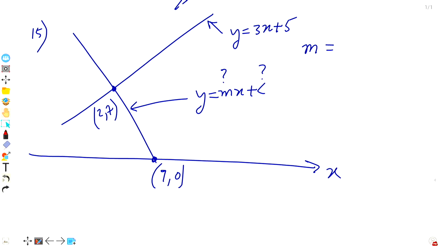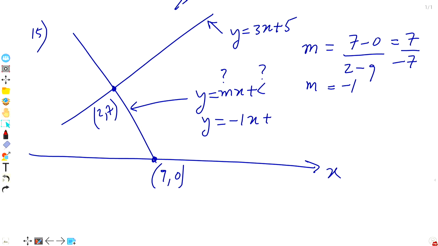So you can see 7 minus 0, then 2 minus 9. So it's going to be 7 divided by minus 7, m is minus 1. So once you have that, you're going to write it here. So it's going to be minus 1x plus c, right?